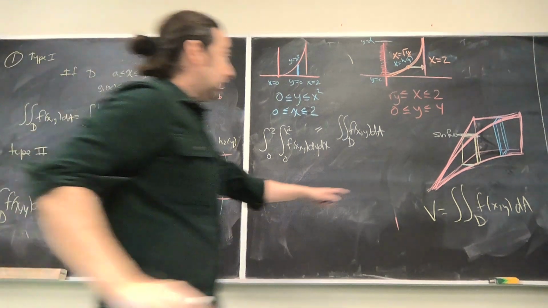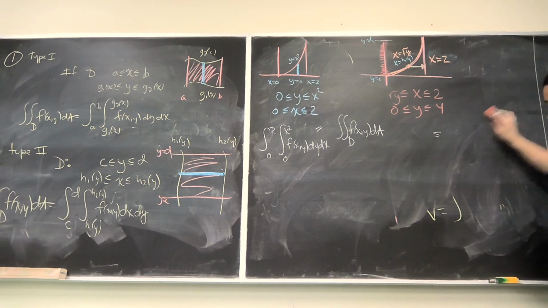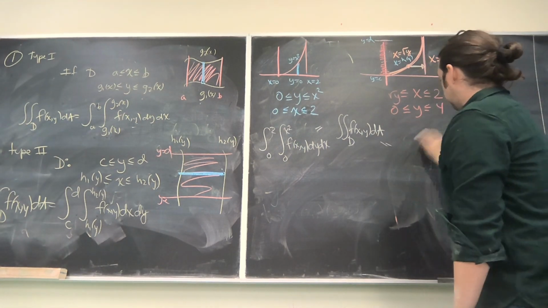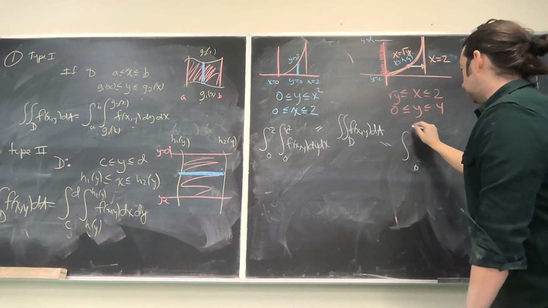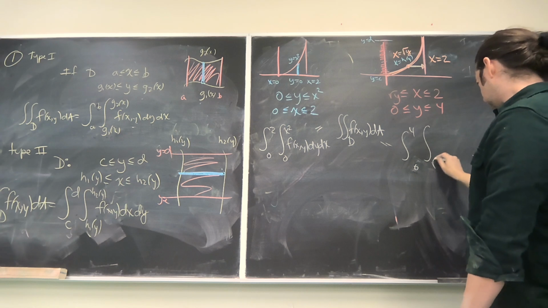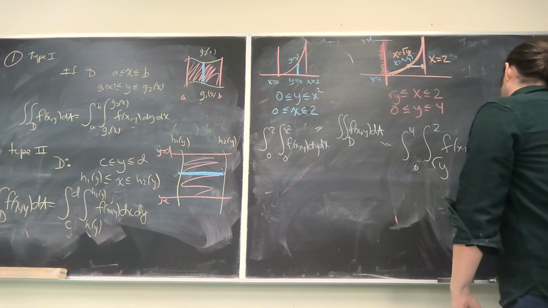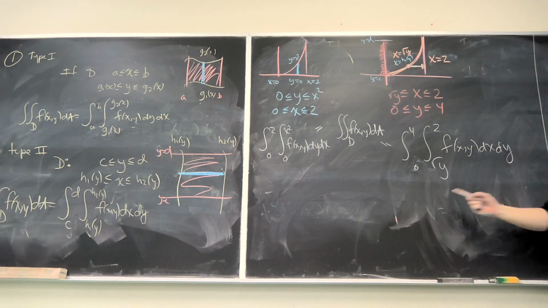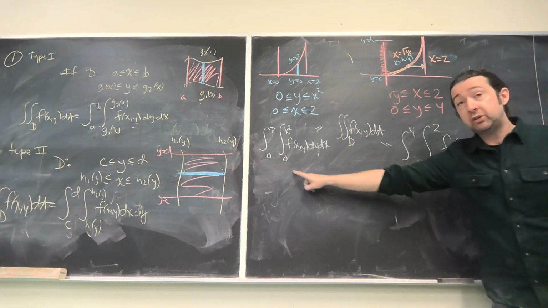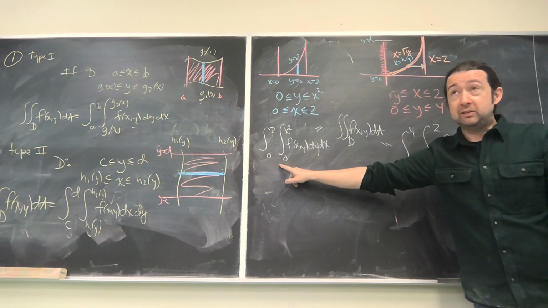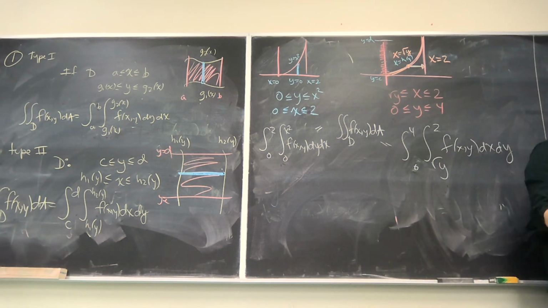But the theorem says that I could just as well have computed the volume cutting the other direction as the integral from 0 to 4 of the integral from root y to 2 of f of x and y dx dy. This is the subtlety we have to be careful about. I can switch the order of integration as long as I'm both a type 1 and type 2 region, but when I do it, the limits of integration change. This is the single most common error that students make when they're learning this stuff: you switch the order of integration without changing the limits.